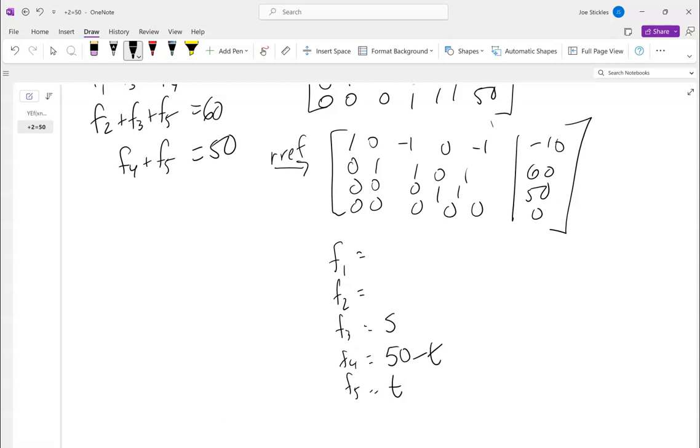We put the S in for the F3, put the T in for the F5, and subtract it over to the other side. So you'd have 60 minus S minus T. And for the F1, yeah, S plus T minus 10, or yeah, I'll write it the other way just to keep it consistent with the other way we wrote the other ones.